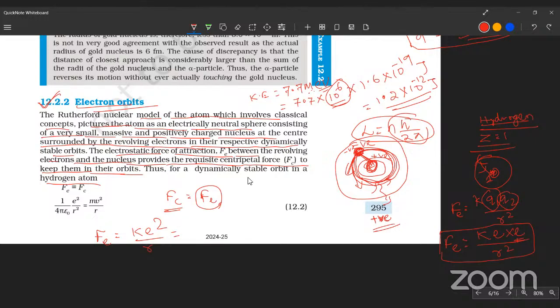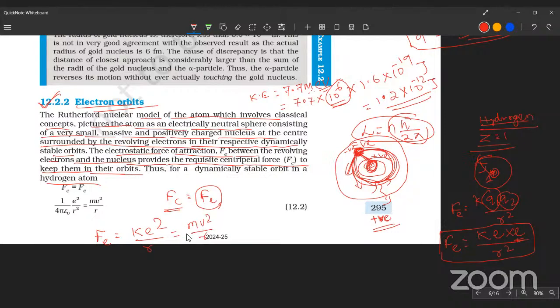Any object, if it is revolving around the nucleus, it will have a centripetal force. So what is the value of that centripetal force? The centripetal force will be mv square by r.